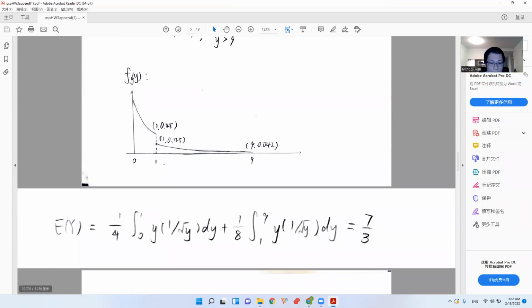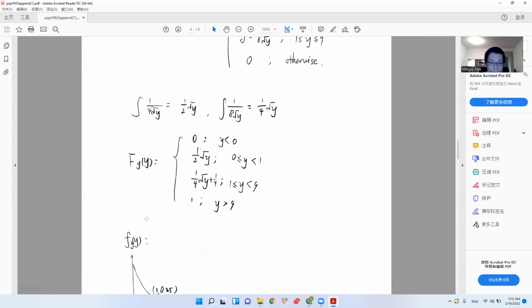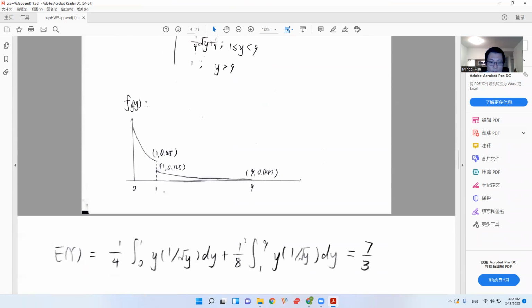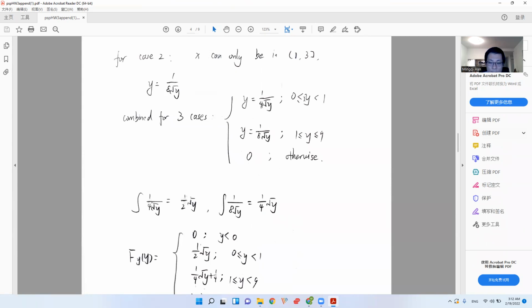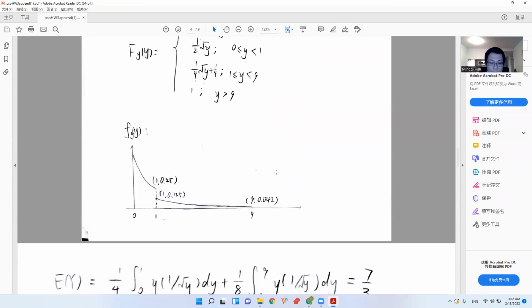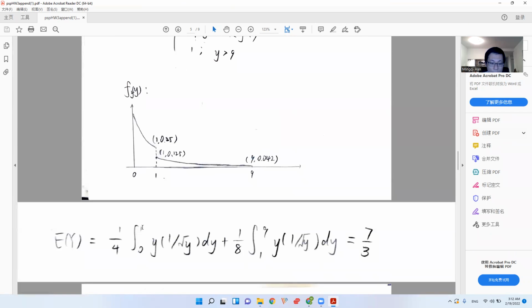Yes, and by plugging all the values in, this 1/4 from here, this 1/8 from here with their respective ranges. This integration is from 1 to 0. This integration is from 0 to 9, 9 to 1, and do the calculation for the entire thing, we get 7/3 as the expected value, and that's it.